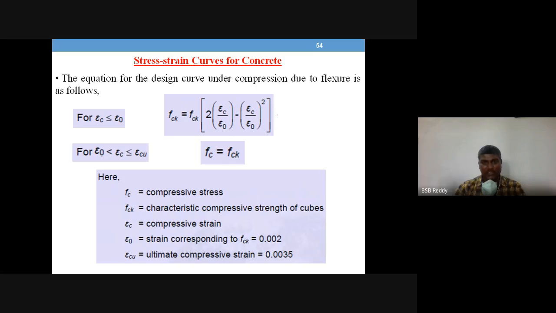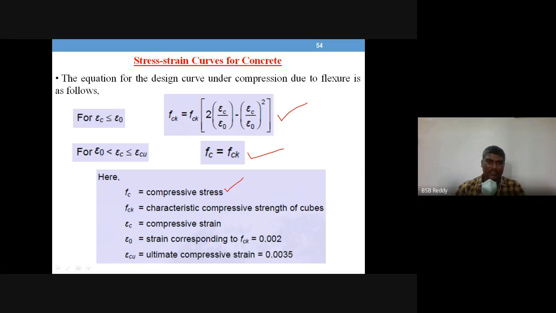Likewise, if you put it into this equation, you will get a value. And once the strain crosses 0.002, it is equal to the FCK value. Okay.